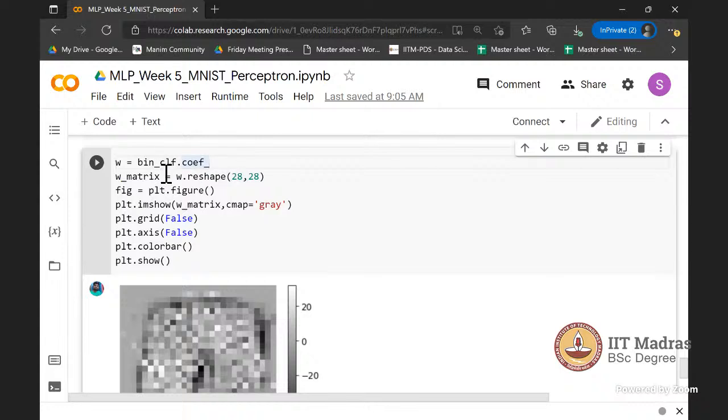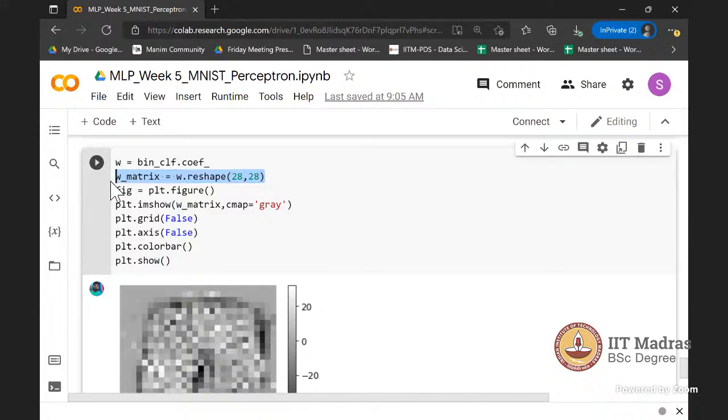I'm taking only the coefficient of it and reshaping it to 28 by 28. If I had taken it for the multi-class setup, this W would not be a 1 cross 784 matrix. It would be a 10 cross 784 matrix, and then it would not have been possible to do this.